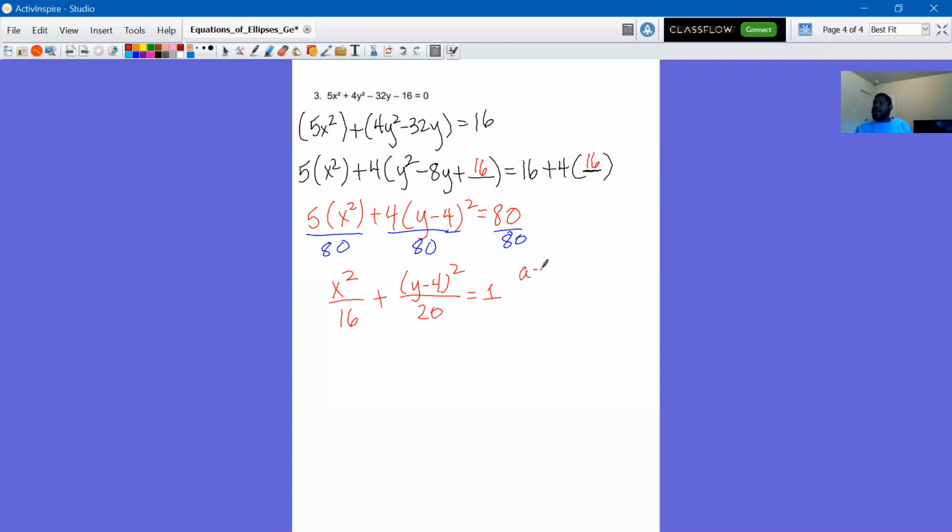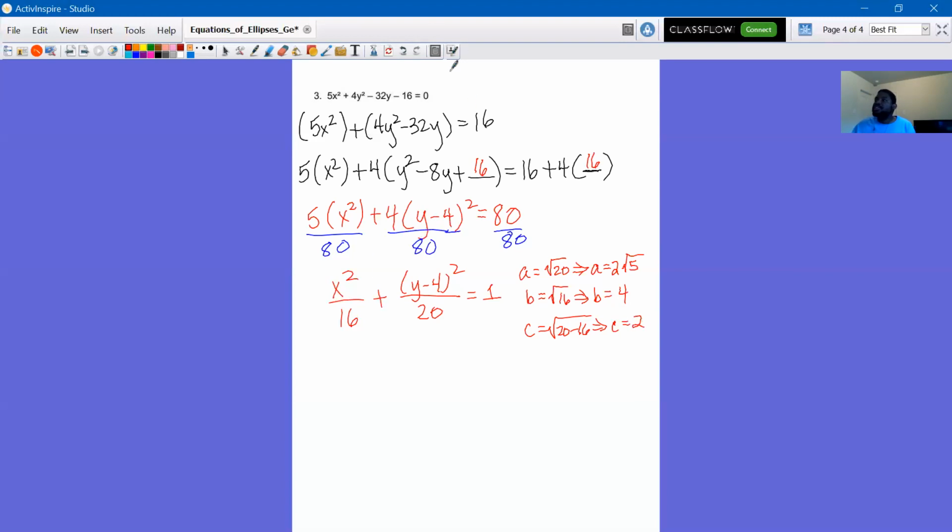So here my a is going to be square root of 20, and that simplifies to 2 square root of 5. My b is square root of 16, which gives me b equals 4. And then c is going to be square root of 20 minus 16, which is square root of 4, so c is 2.